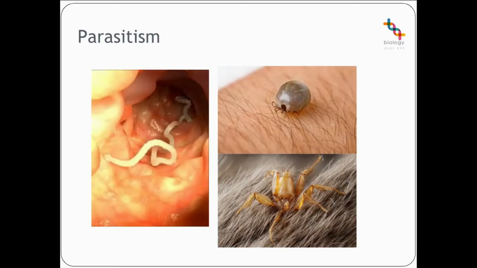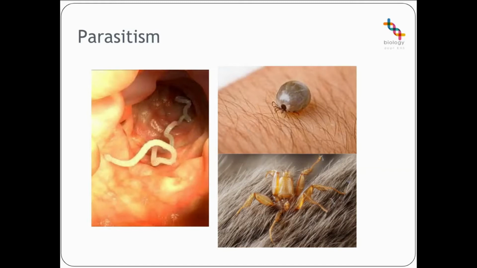Now, a parasite is an organism which usually requires its host for survival. So in parasitism, our organism, the parasite, is going to usually derive its nutrition from the other organism, the host. That's the organism which it exploits.